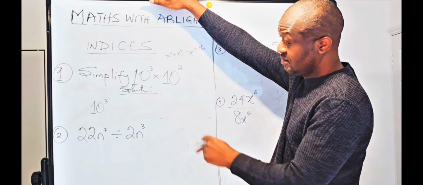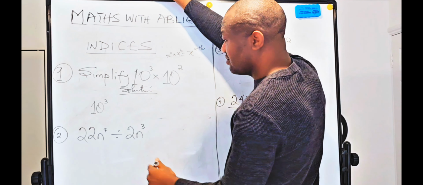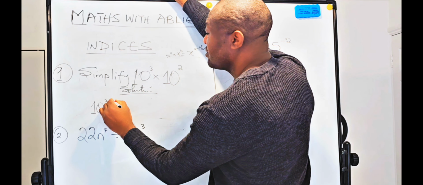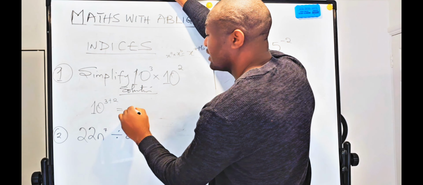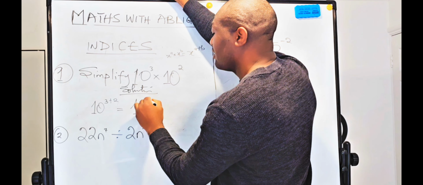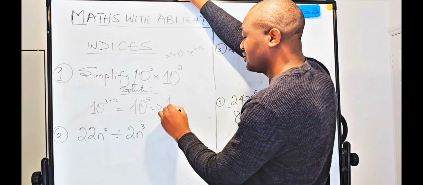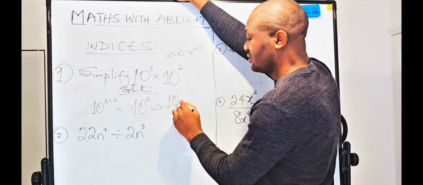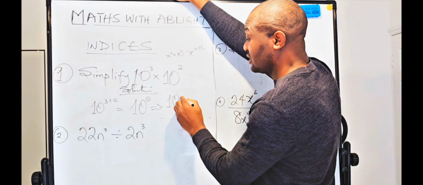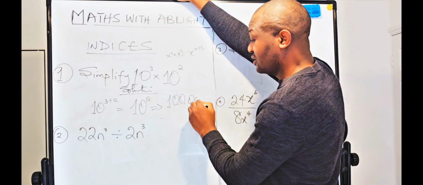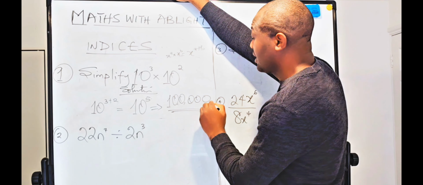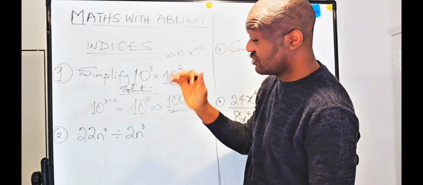Just add up the powers, take one of the bases. So you have 3 plus 2, and that gives you 10 to power 5. That will be 5 zeros, like 100,000. And that is your answer, even in Lagos.